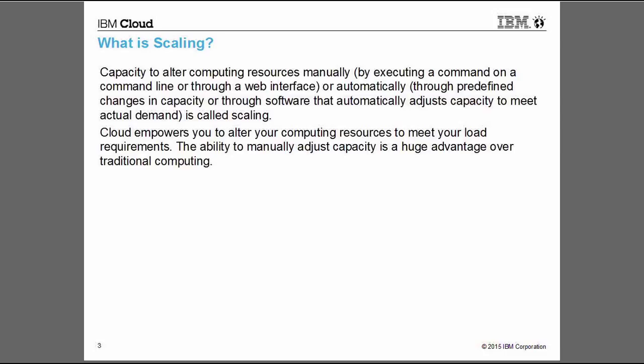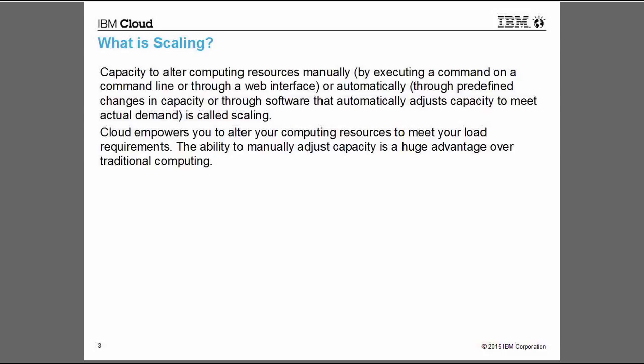The capacity can be altered manually, either by executing a command, through a command line interface, or through a web interface, or programmatically, where software increases your capacity automatically. That is called scaling. The cloud empowers you with all those capabilities.